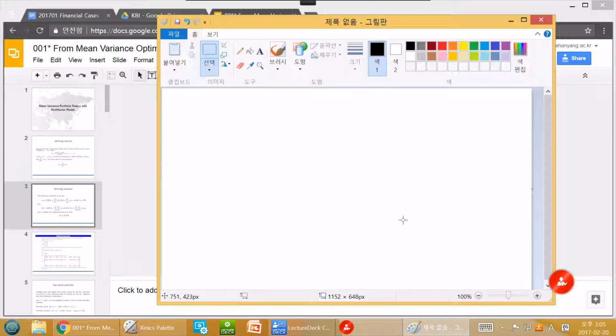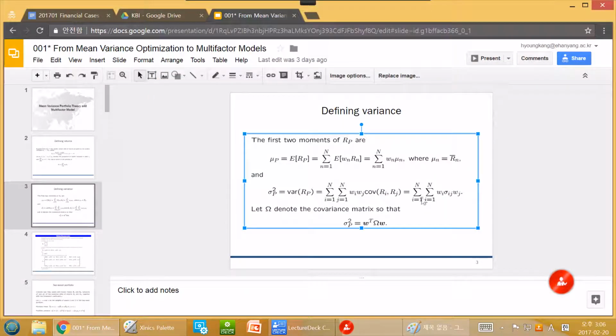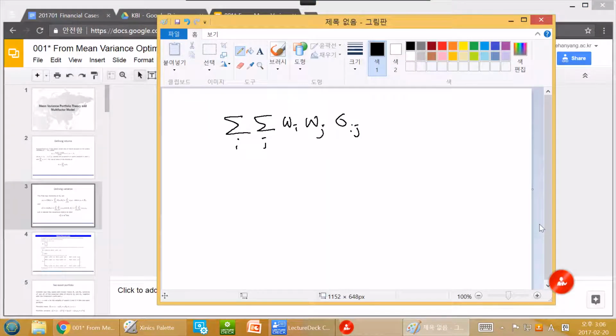So if we write down this one, let me use this thicker one. So basically sum over i, j of Wi, Wj, sigma ij, right? Indices from 1 to n.